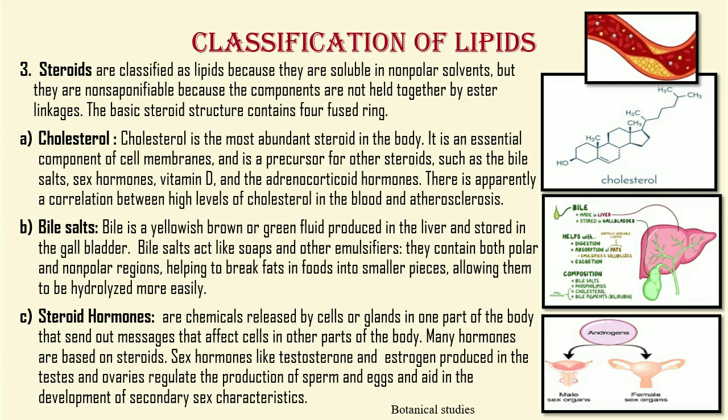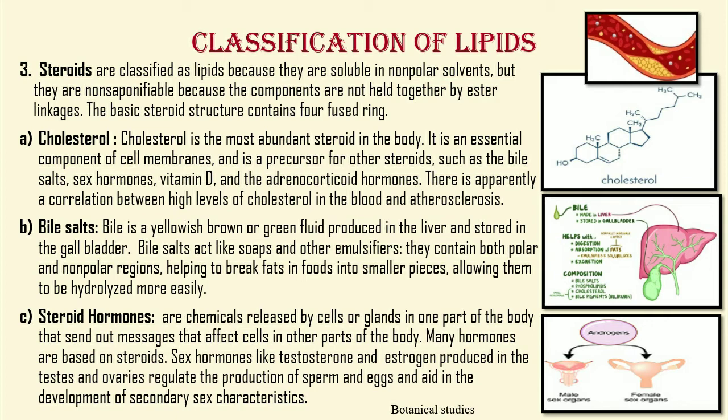Cholesterol is the most abundant steroid in the body. It is an essential component of the cell membrane and a precursor for other steroids such as bile salts, sex hormones, vitamin D, and adrenocorticoid hormones. There is apparently a correlation between high levels of cholesterol in the blood and atherosclerosis.